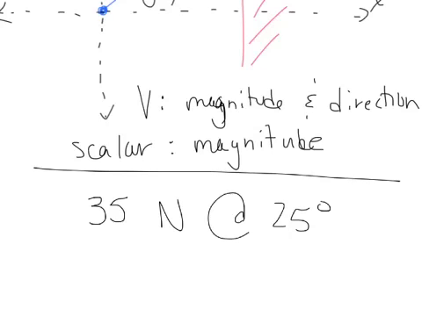So 35 newtons, that's a force, at 25 degrees southeast. The magnitude is this, the direction is this. If you only have the magnitude, it becomes what's called a scalar. 35 newtons by itself is a scalar.